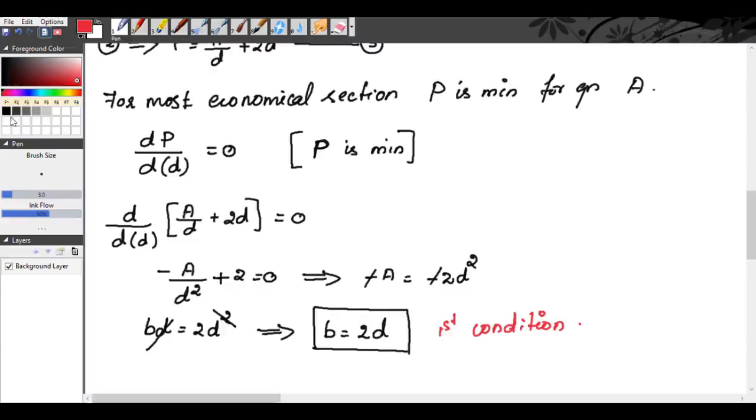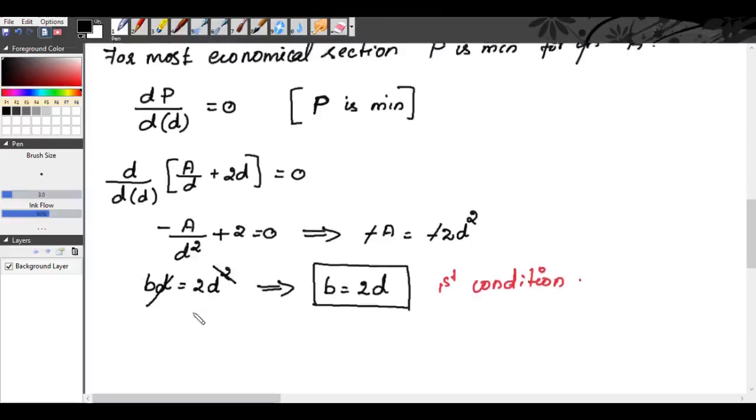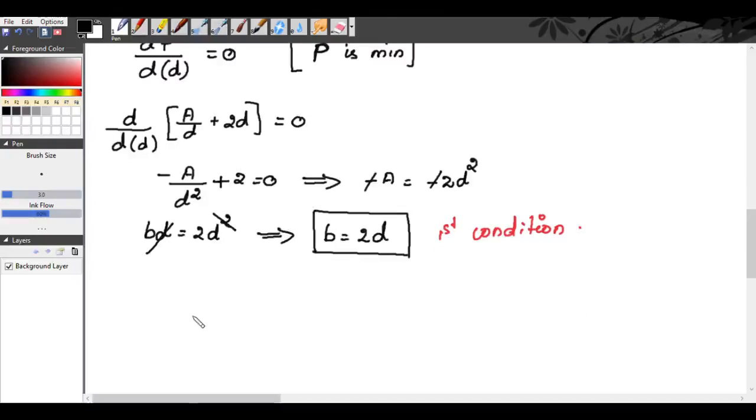Now, what is the second condition? Now we will find the hydraulic mean depth. We know the hydraulic mean depth m is equal to area by wetted perimeter.